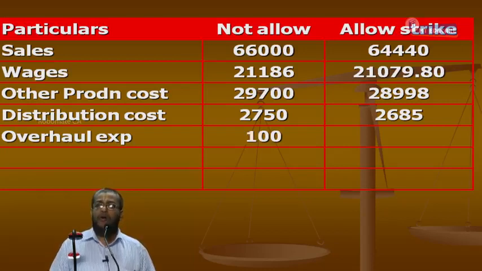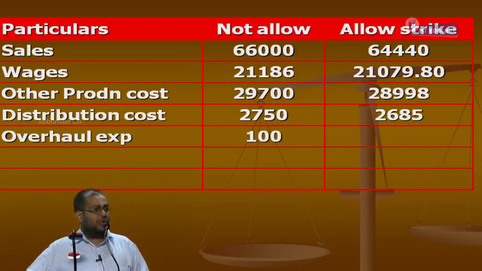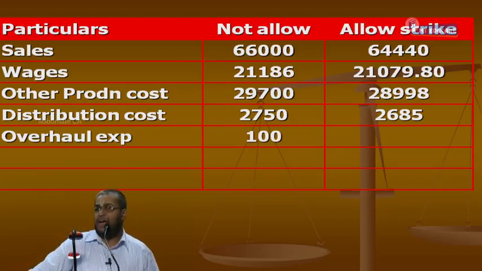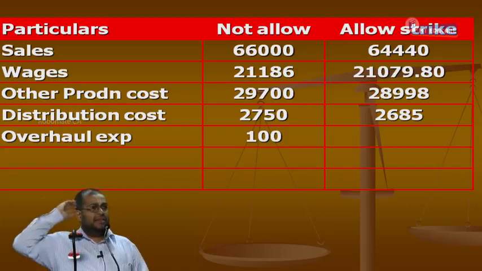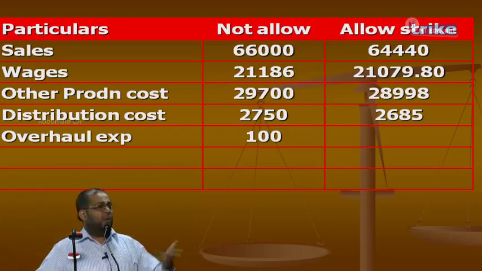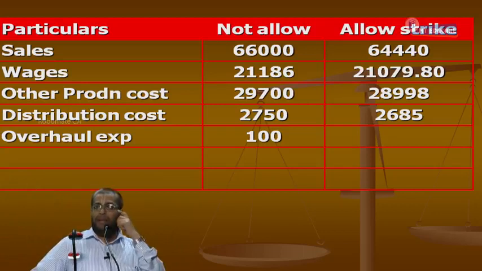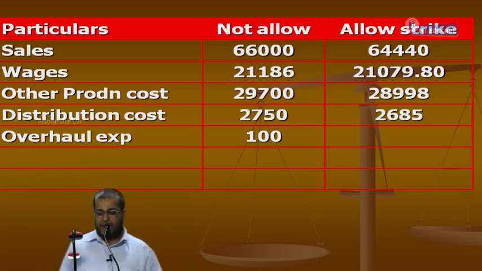So without strike, outside contractor will do, so the overhaul expense is going to be 1 lakh here. When the strike is allowed, the production will be stopped. The workers may go outside, but my maintenance staff can do that particular work. In that case, I can do it on my own because some labor workforce is available. It is going to cost me only the material amount. What the material cost is going to be spent on this? 25,000.